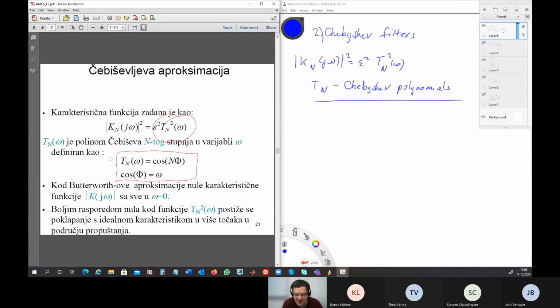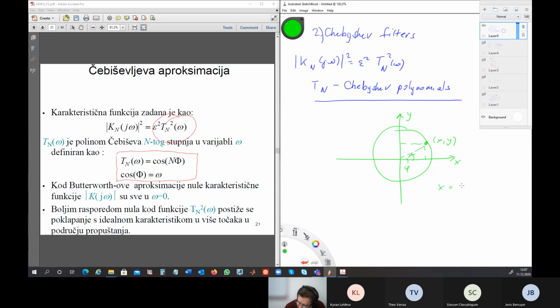What is parametric equation? This is like equation of the circle. For example, you have a circle like this, and this point here, it has x, y, here is x, here is y, and then you have phi. So x is equal to cosinus phi, y is equal to sinus phi.